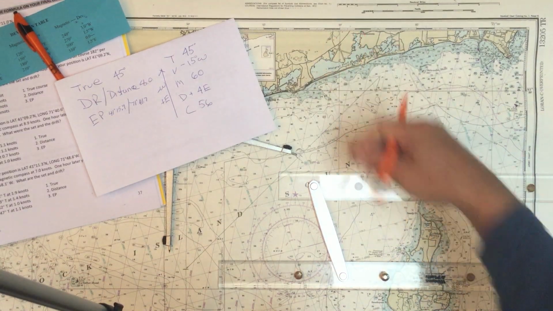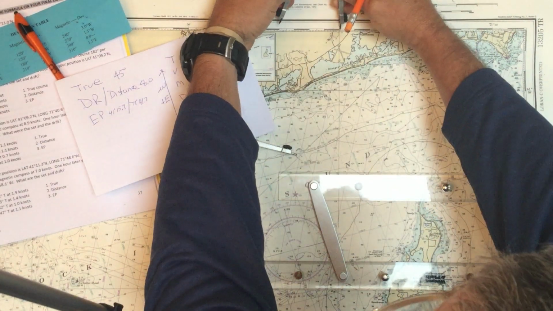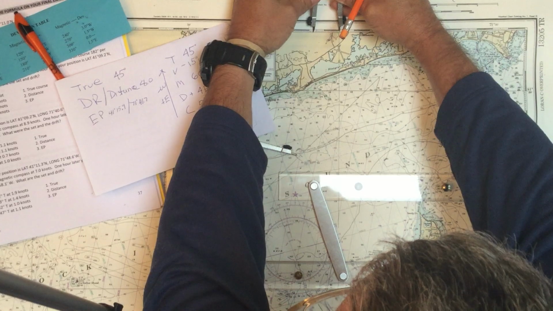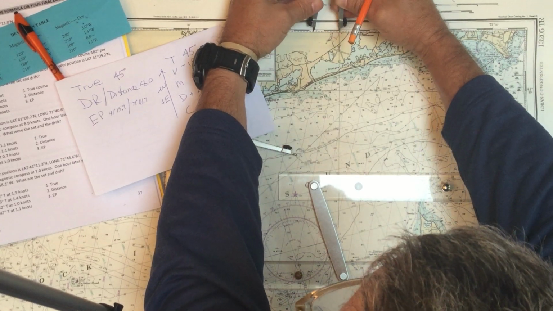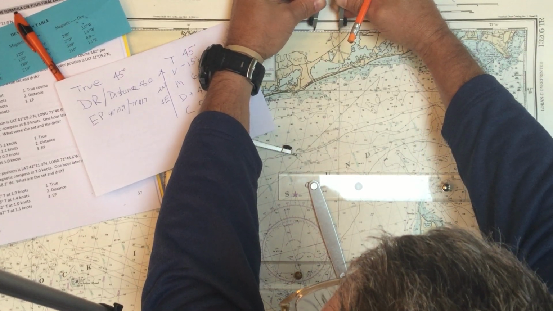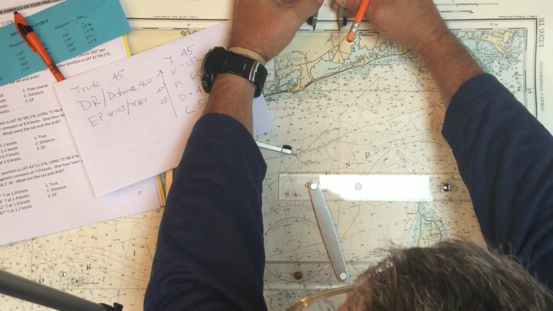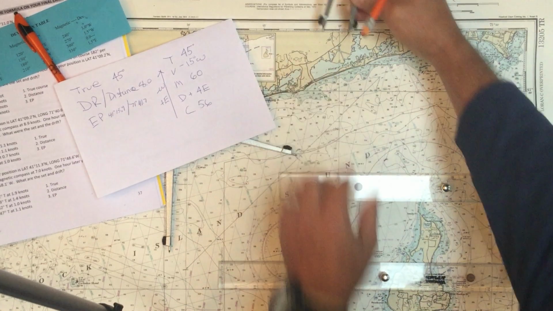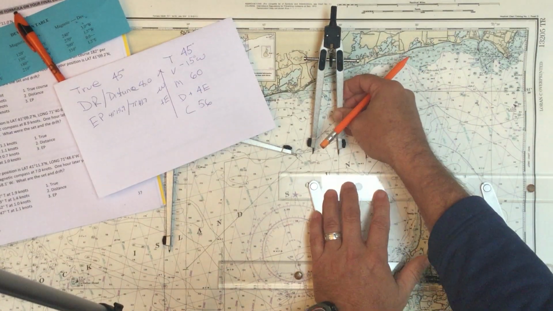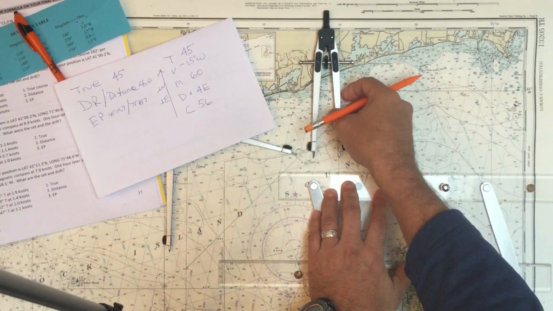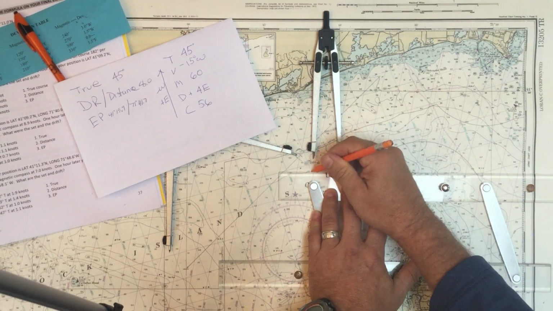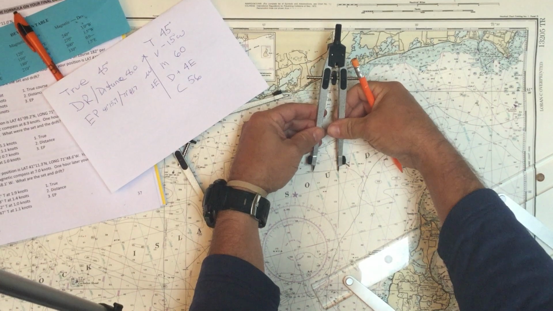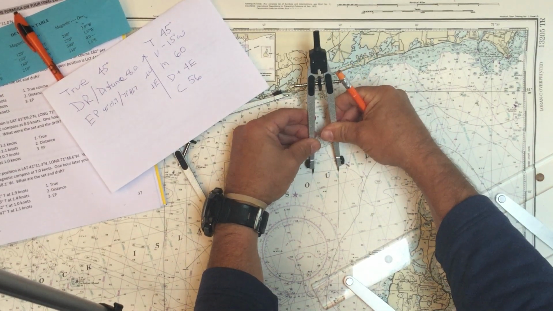So 41.7, I'm going to go over here. 41.7, looks like right about there. Okay, so now that I know where that is, I'm going to make a mark. Okay, right there. And I'm going to make another mark right there.